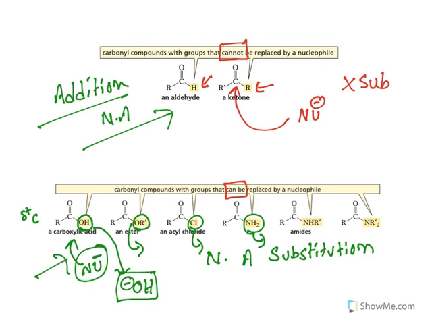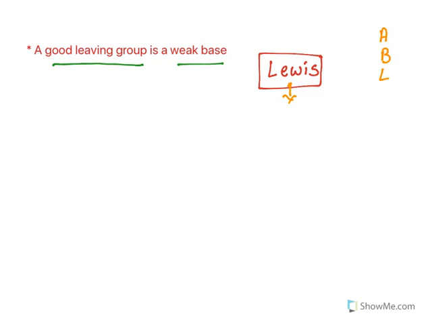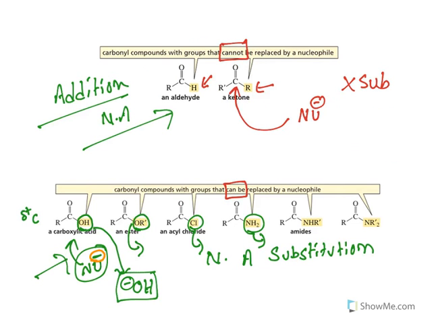The reason is that the nucleophile is coming with an electron pair, so you need to define bases with respect to Lewis theory. Lewis theory says that an electron pair donor is a Lewis base, whereas an electron pair acceptor is a Lewis acid.